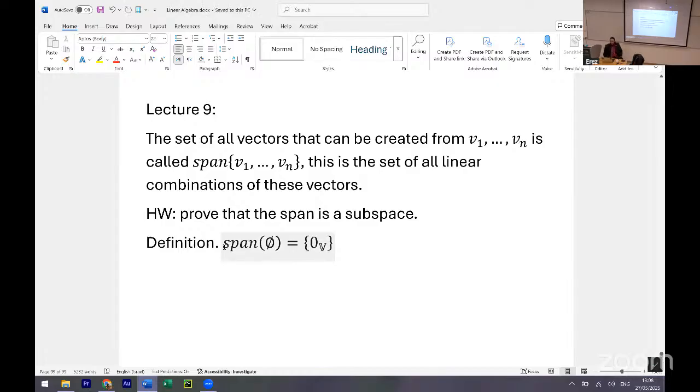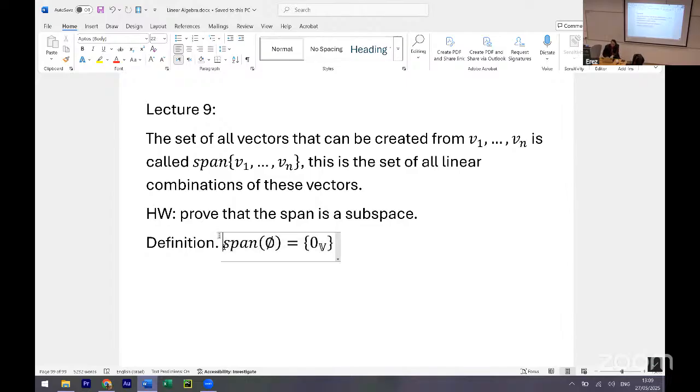It is a subspace, but it's a bit confusing. If you just take the empty set, and I'm telling you that the span is the zero vector, how can you know the zero vector of what vector space? Is it the zero of the plane, the zero of the three-dimensional vector space?